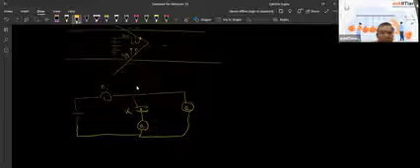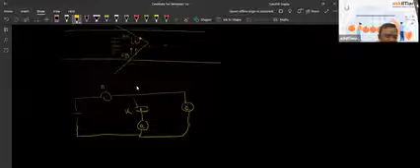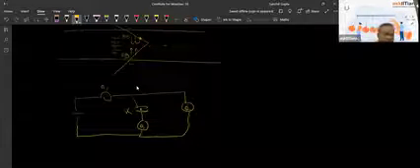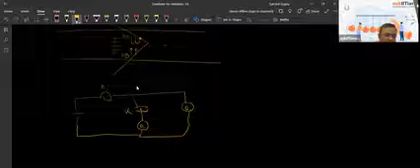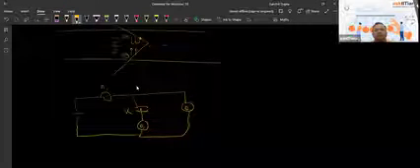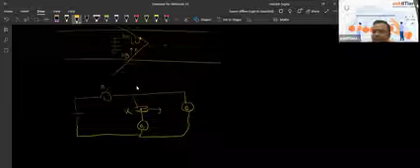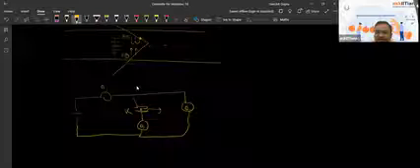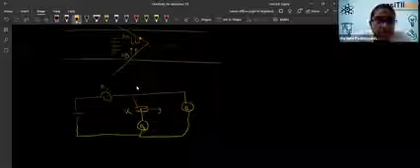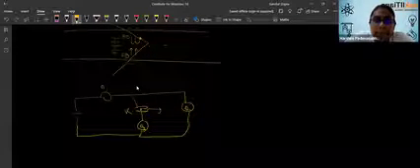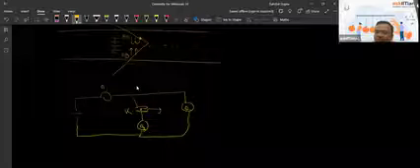So key K is closed. Okay, see, when key K is opened, B3 will get disconnected. So only B1 and B2 will remain.